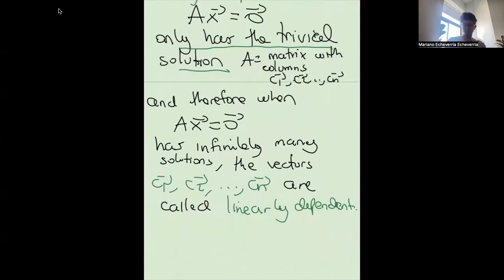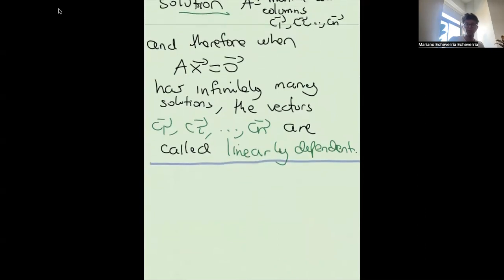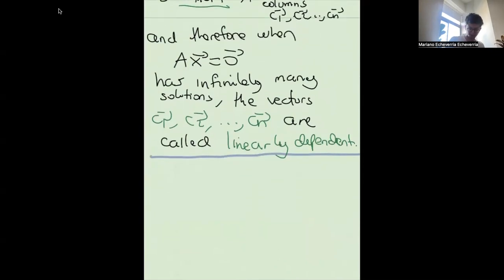So just to give you an example, let's do two vectors in the xy plane. Let's try to answer this question. When are two vectors, so you have two vectors on the xy plane. Let's call them C1 and C2 as before. So I'm going to call C1 here and C2, let's put it here.